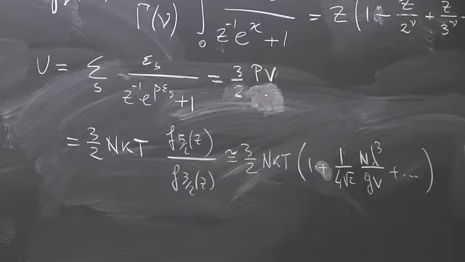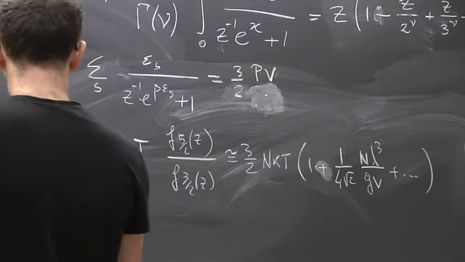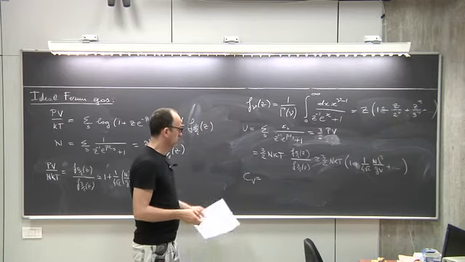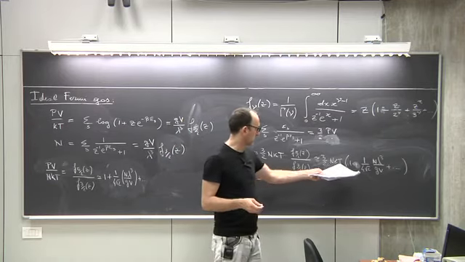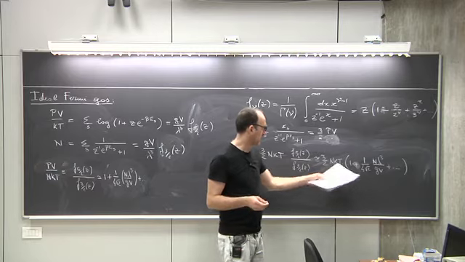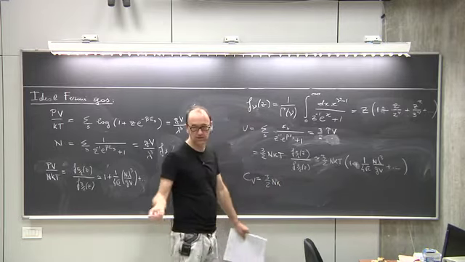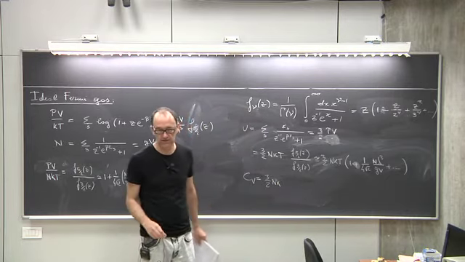Now we can compute the specific heat of the Fermi gas at high temperatures. So the first term is just the derivative of this term here, so it's 3/2 N k. Okay, so this is just the classical ideal gas.